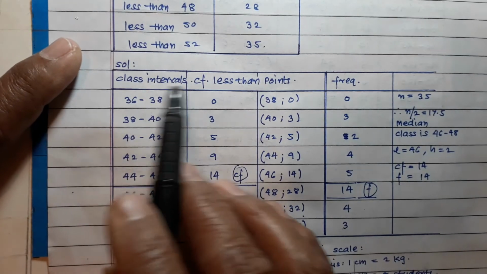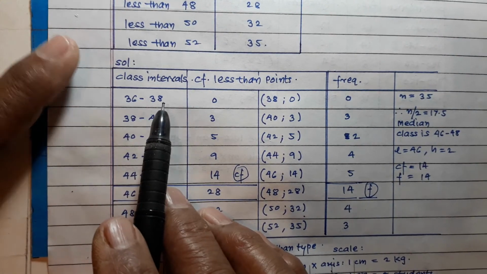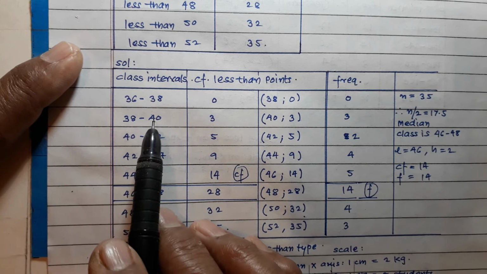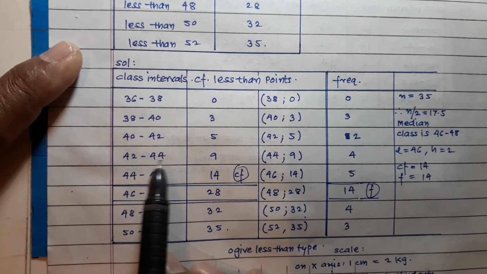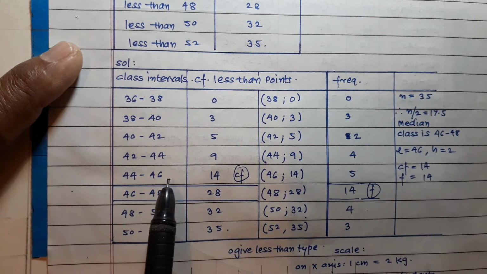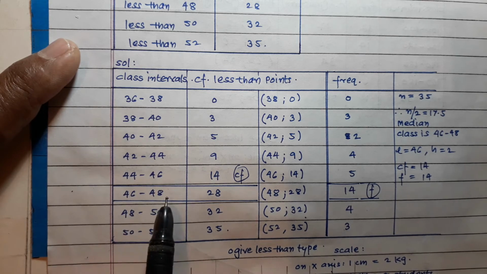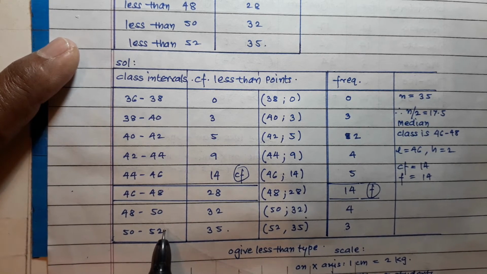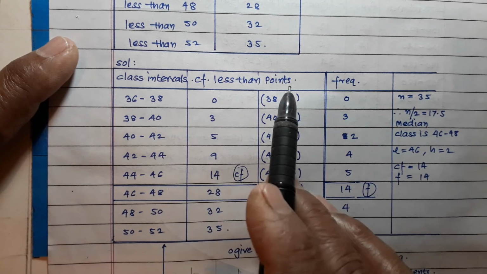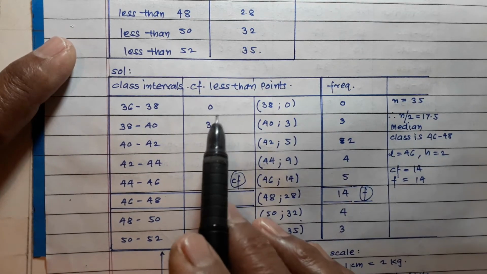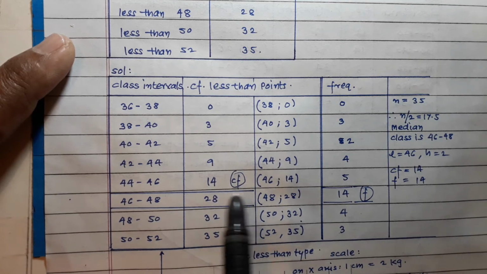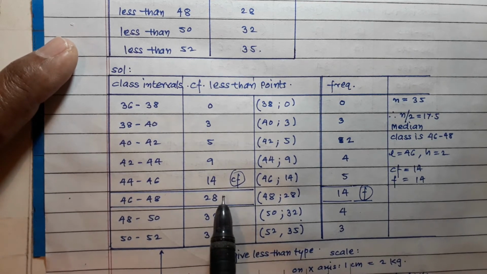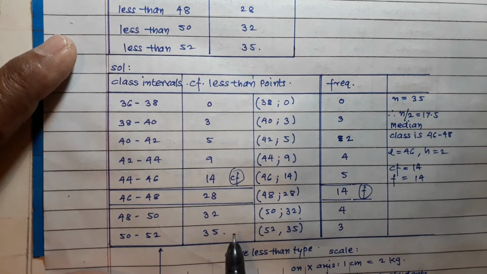Class intervals: 36 to 38, 38 to 40, 40 to 42, 42 to 44, 44 to 46, 46 to 48, 48 to 50, 50 to 52. Now the cumulative frequencies given are 0, 3, 5, 9, 14, 28, 32 and 35.